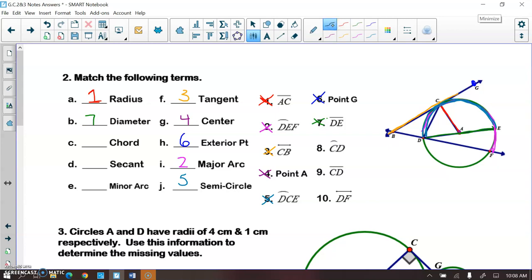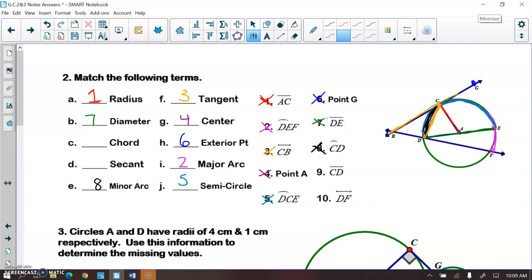Arc CD is this one right here that I am highlighting in black ink. That is less than half of your circle. So that is a minor arc. Segment CD, which is this one right here, is a segment that starts and ends on the edges of your circle.